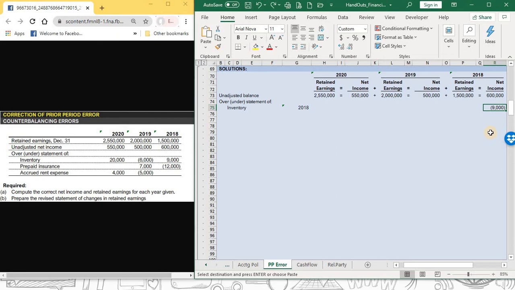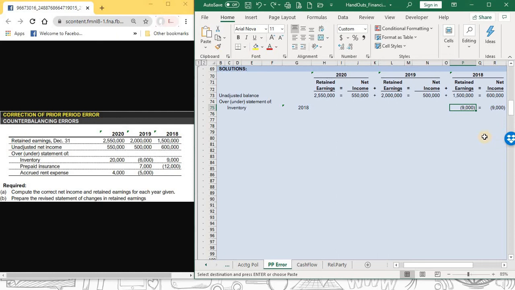And of course, the retained earnings at the end of 2018 is also overstated by 9,000 pesos because part of the 1.5 million pesos is the 600,000 net income, which is overstated by 9,000. And to correct the overstatement of the 1.5 million retained earnings, we need to deduct again the 9,000 pesos.